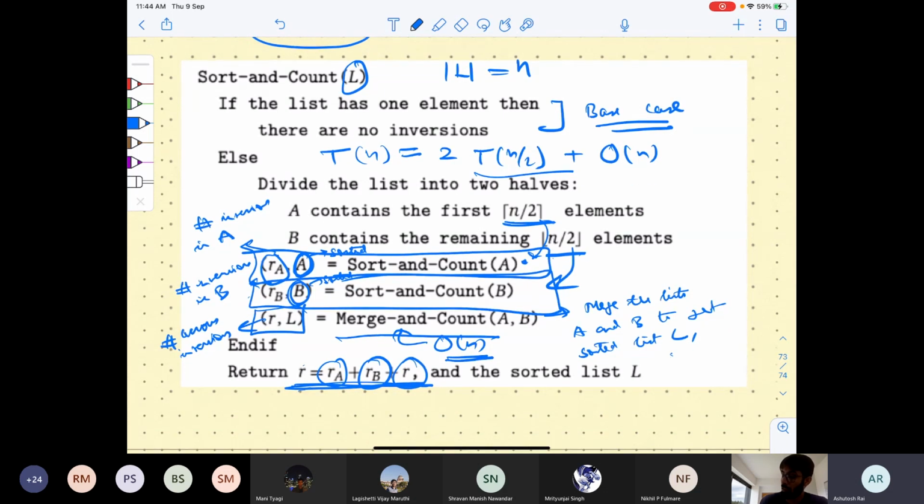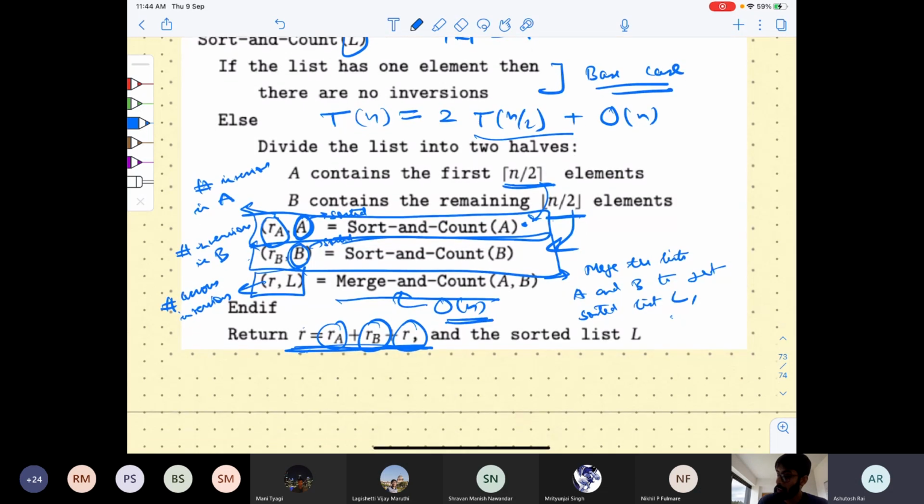And then we just sum these numbers. So in total, we know how this recurrence gets solved: T(n) is equal to order n log n.